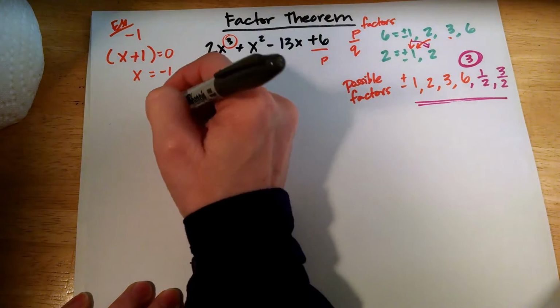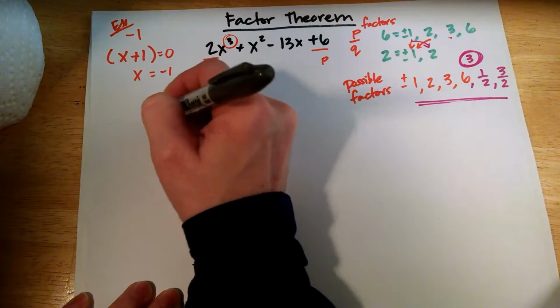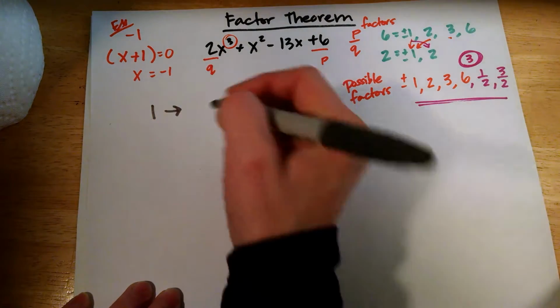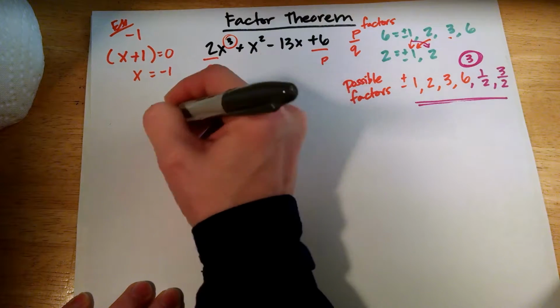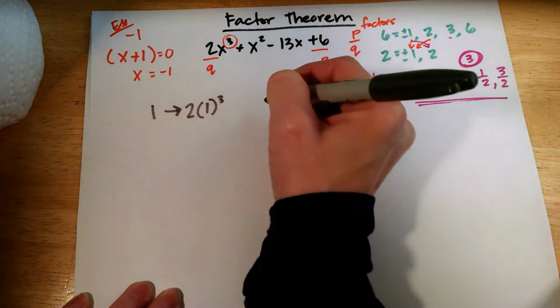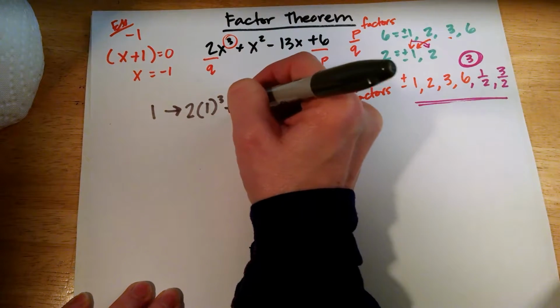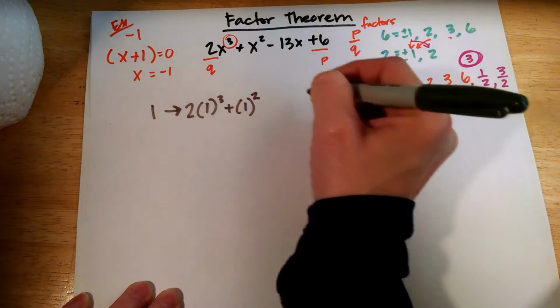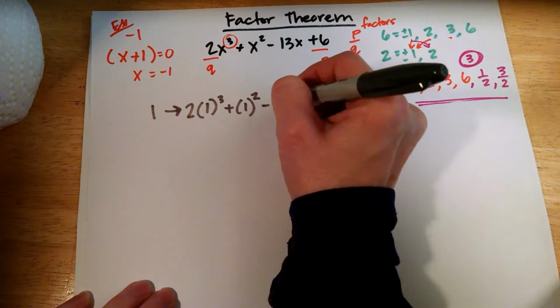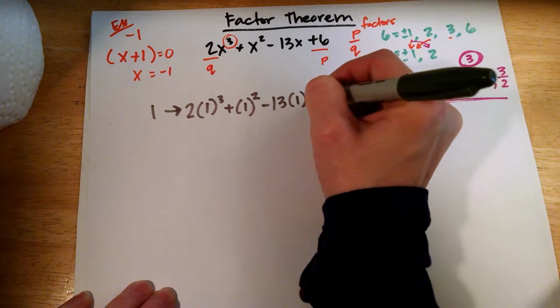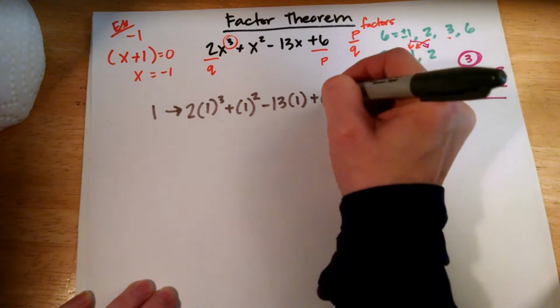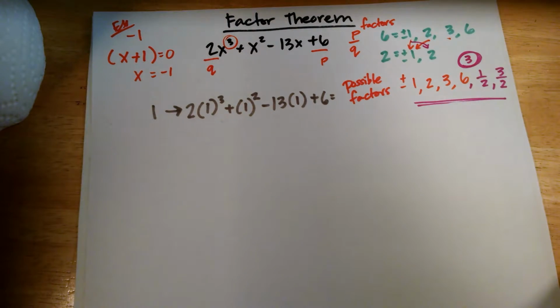So let's try positive 1. So that would look like this. 2 times 1 to the third power plus 1 to the second power minus 13 times 1 plus 6. And we want it to equal 0.